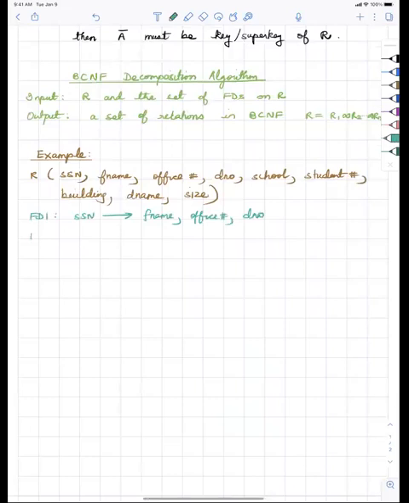Then we have FD2, where school and D number together determine the student number, the building, the D name, and the size.